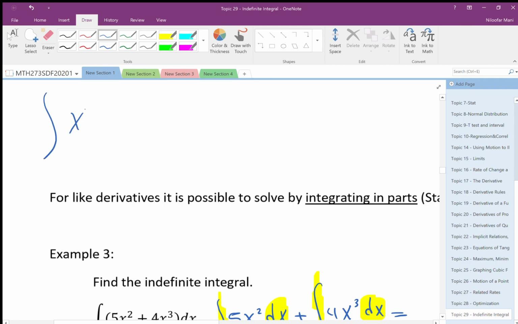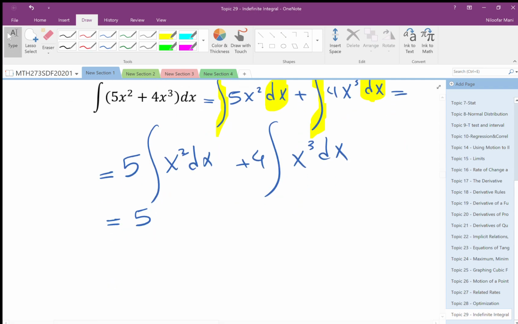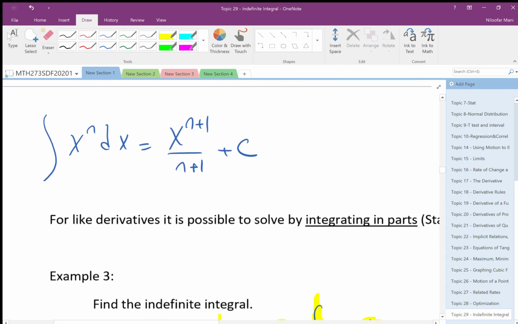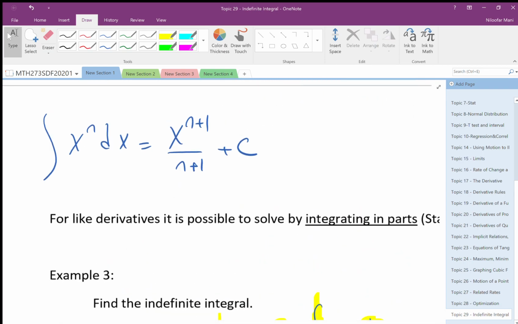Integral x power n dx is x power n plus 1 divided by n plus 1 plus c. Okay? So remember, for derivative I reduce, here I have to add. For derivative I multiply with n, here I have to divide with n plus 1.